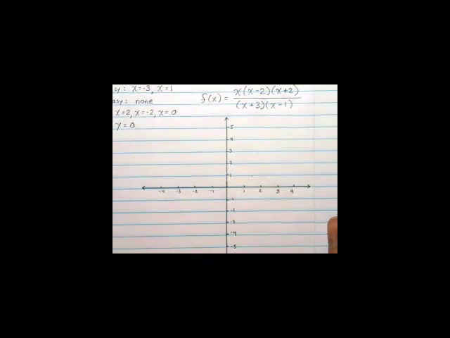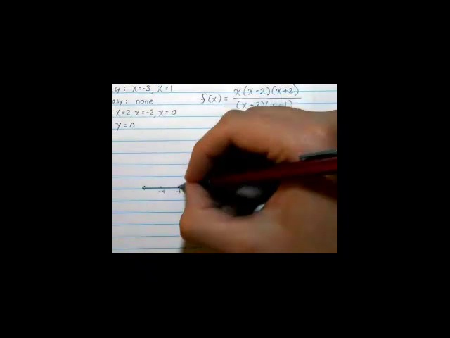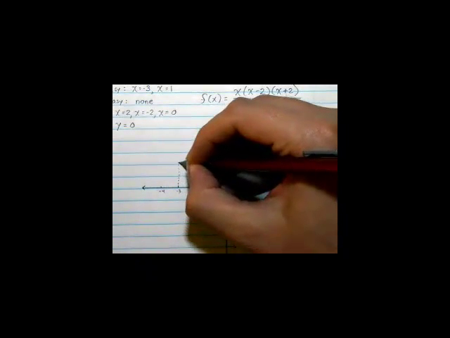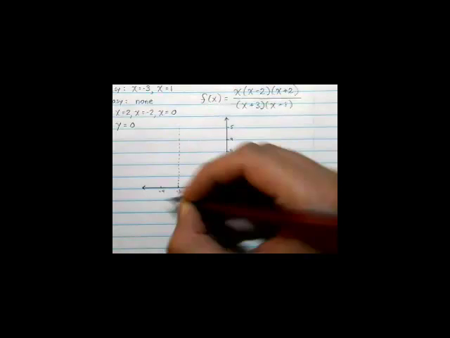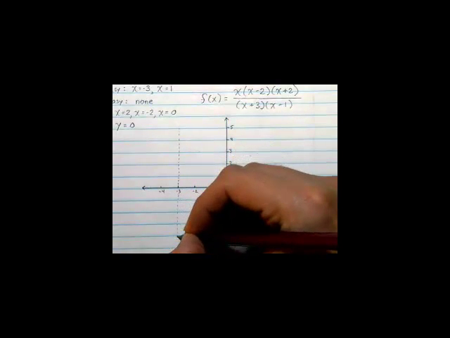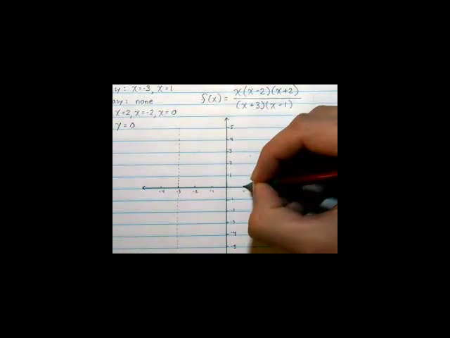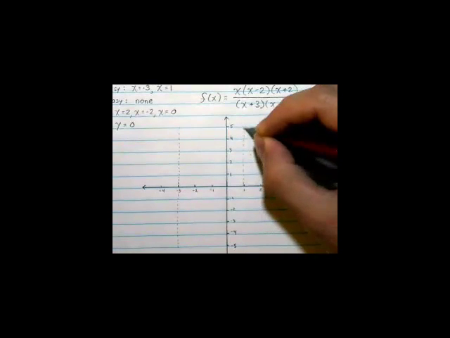Okay, so we've got vertical asymptotes at -3 and at 1. Okay, so -3. And at 1. No horizontal asymptotes, so I don't have to worry about that.